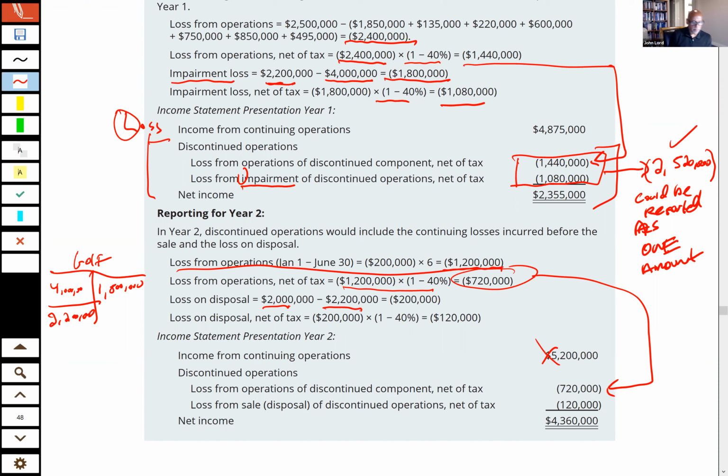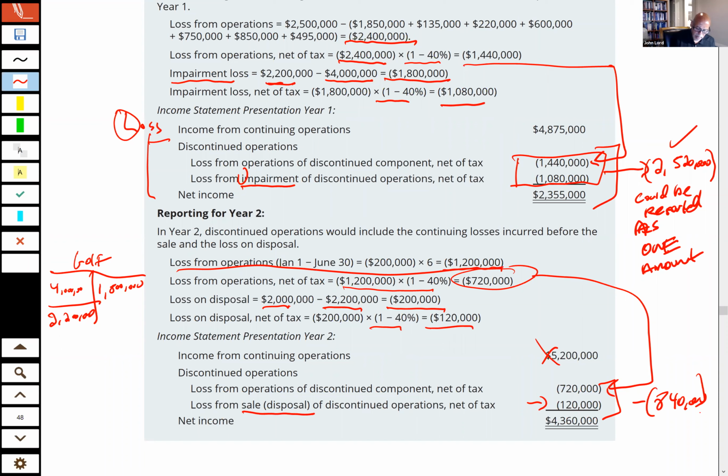So if it had a carrying value of 2.2 and now they sold it for 2, we've got a loss on disposal. And that, guys, is the D in LID. The loss on disposal of 120,000. And of course, that 120,000 is after you consider the net of tax. So they put that there. And so you have this now, 720 plus 120 is 840. Negative 840.